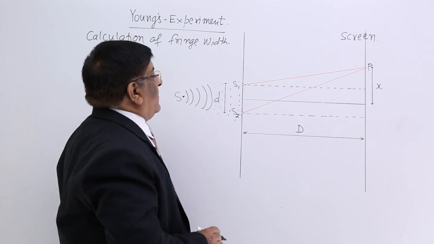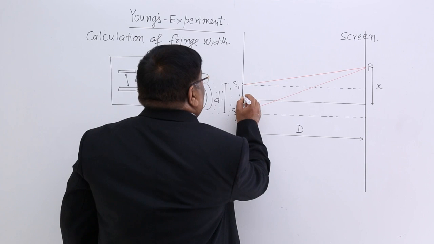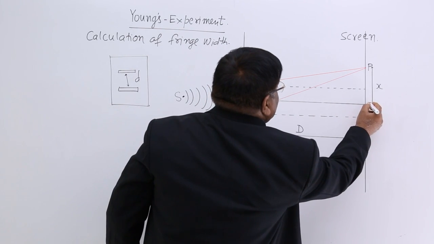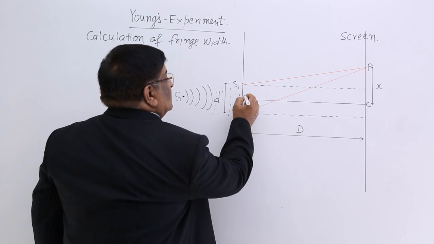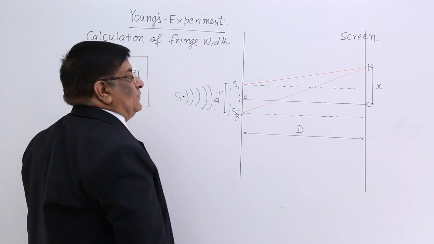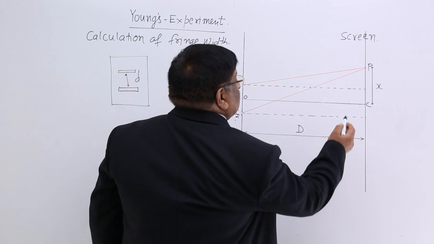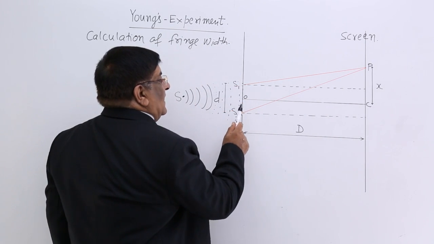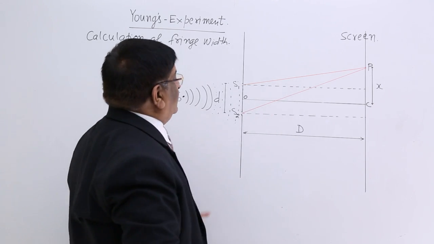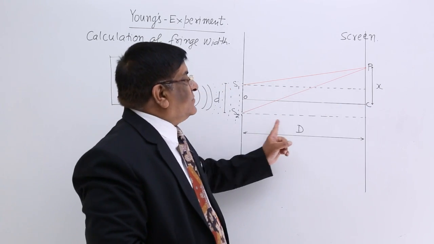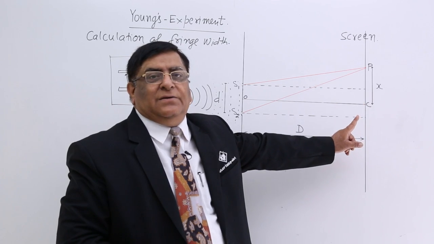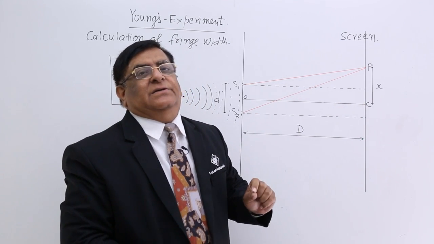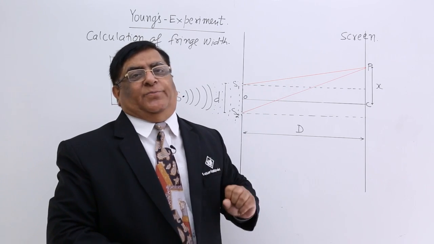Now, let us say this is a point C, and this is a central point O. C is a point which is equidistant from S1 and S2, and at that point the superposition is constructive.